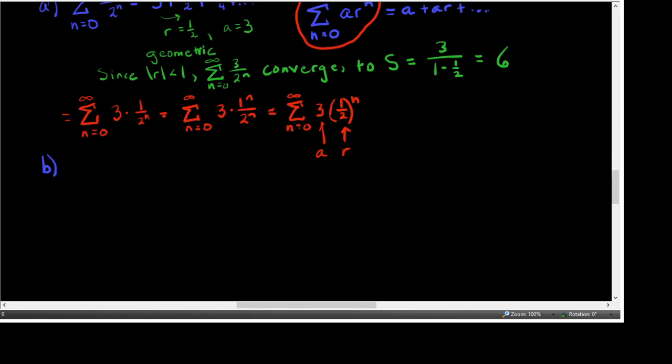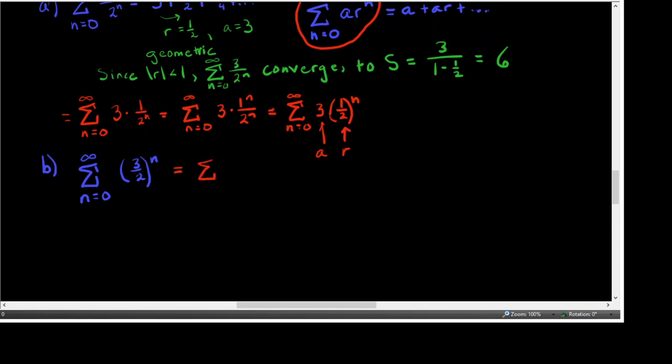All right, so let's look at this series: the sum from n equals 0 to infinity of 3/2 to the nth. I'd like to see if we can do this one the second way. So what number is a?